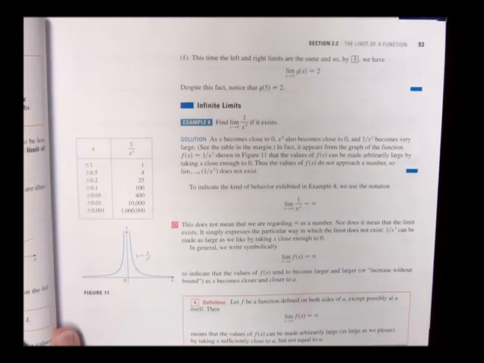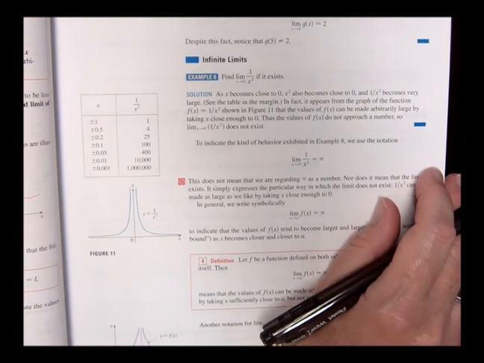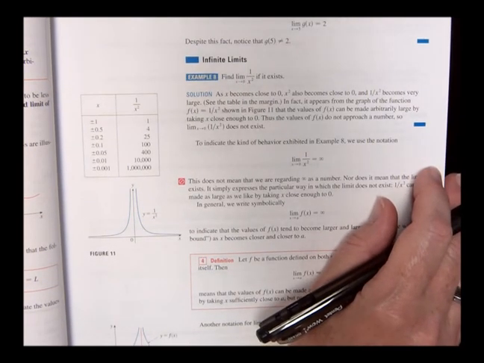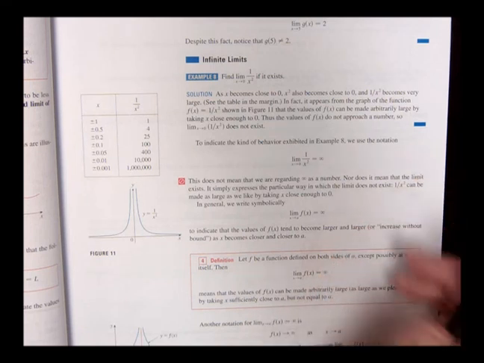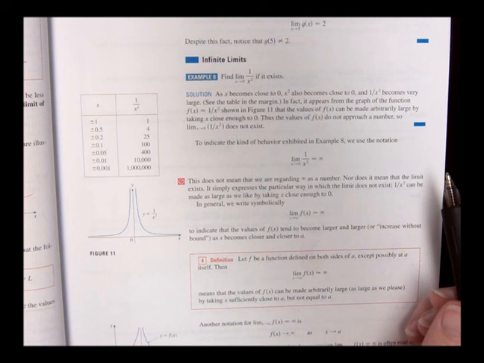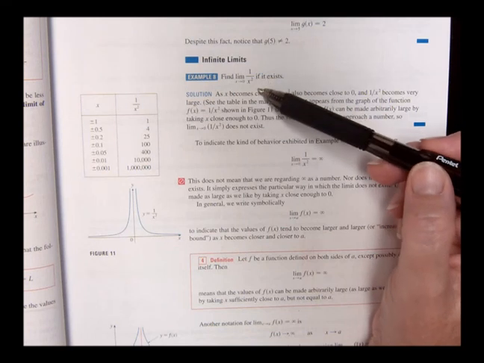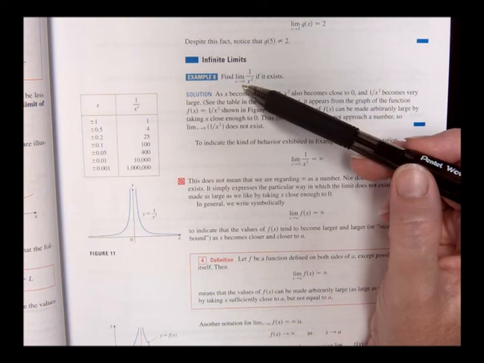All right. Infinite limits. What does that mean? Let's say I start to approach something. I'm trying to get closer and closer to it, and my numbers just keep getting bigger and bigger and bigger. For instance, what if I have 1 over x squared? Does this exist as it approaches 0? Here's my graph of it.